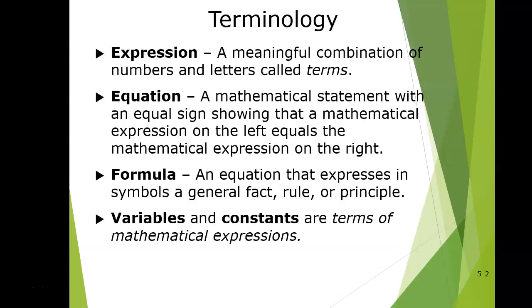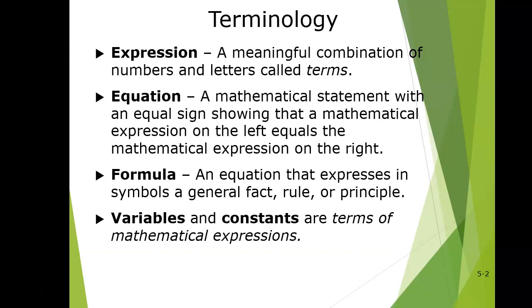Terminology. There are certain terms you must understand in order to solve different types of word problems. Terms such as expression, equation, formula, variables, and constants. So an expression is a meaningful combination of numbers and letters that are called terms. For example, let's say that a person is traveling out of town.